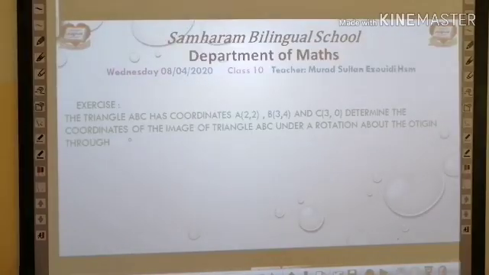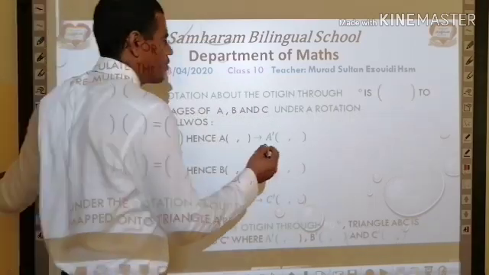The next, enabling exercises. Here we have the triangle ABC with coordinates 2, 2, 3, 4, 3, 0.